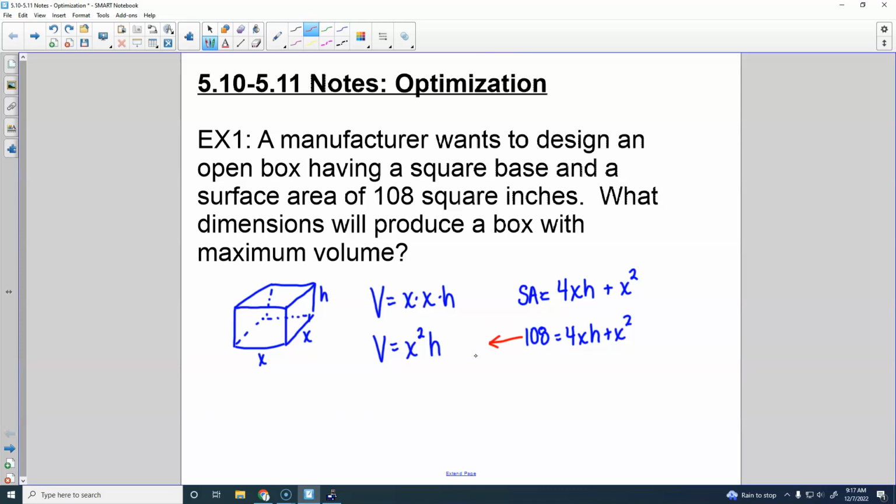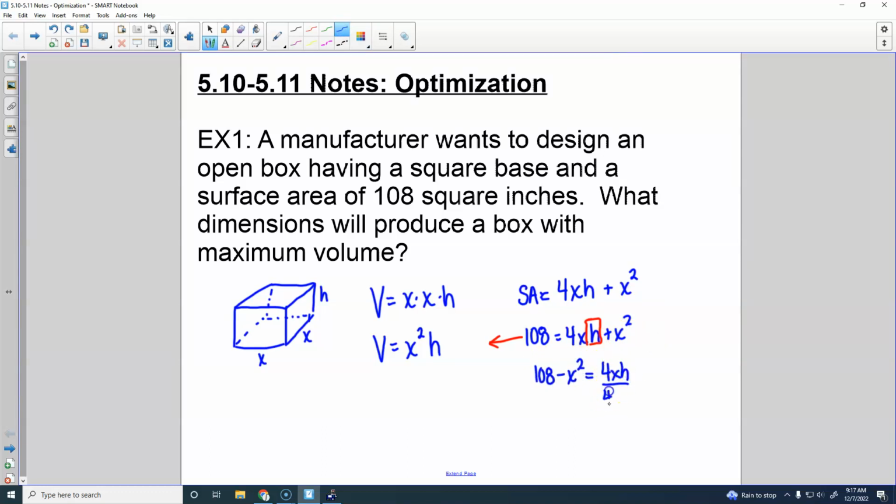So, which variable could we solve for most easily over here? h, because there's only one of them, right? x would be very difficult to solve for. You'd have to do some crazy complete the square sort of stuff to solve for x there. For h, it is much easier to solve for. So you would just do 108 minus x squared would equal 4xh.